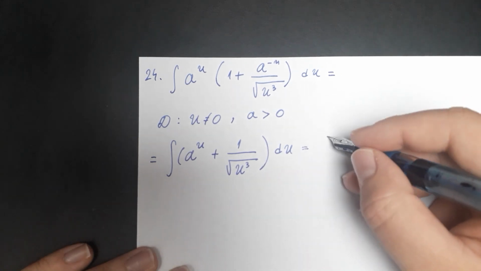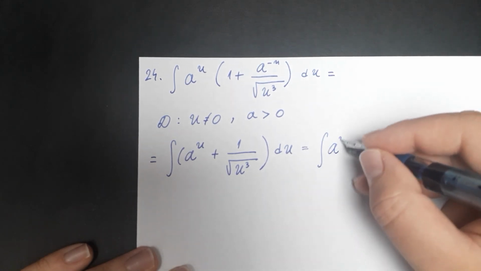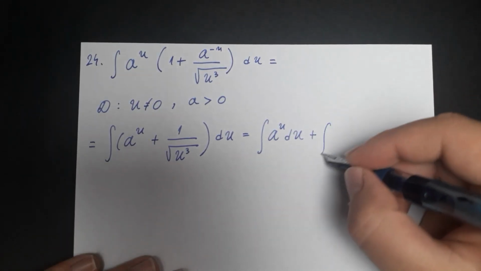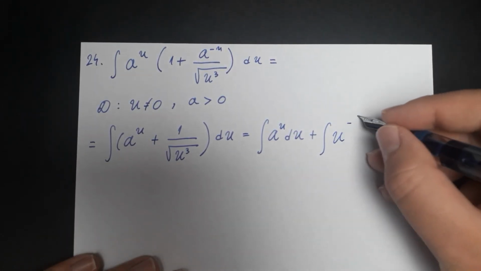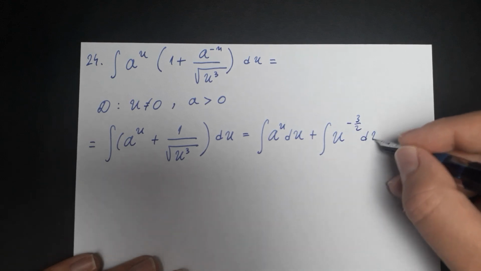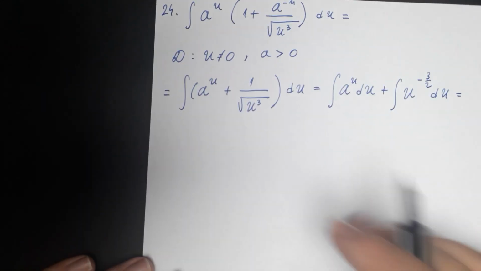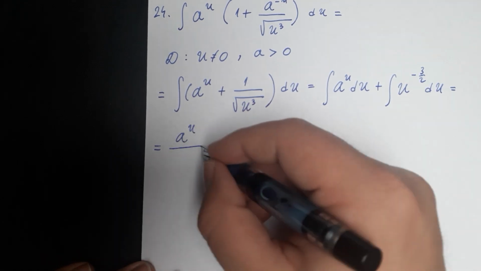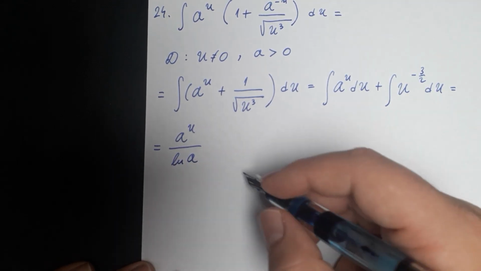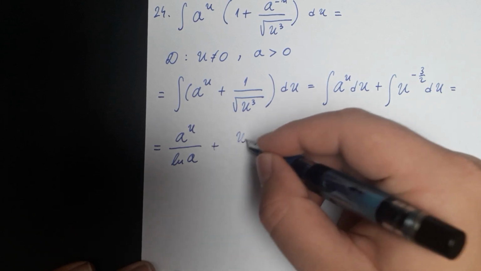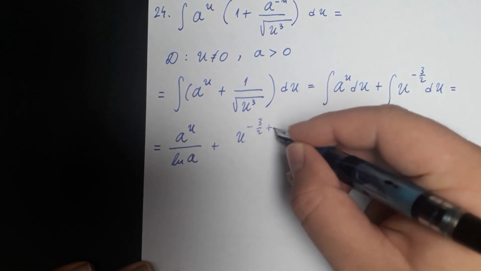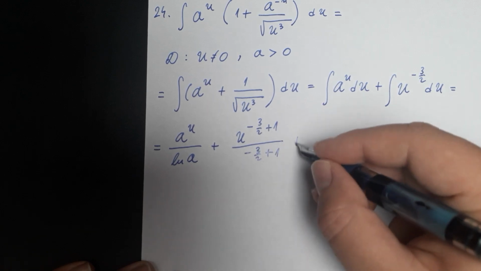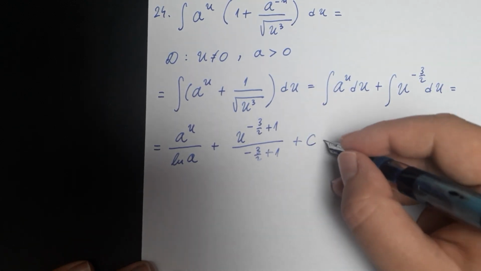This is equal to an integral of a to the power u du plus an integral of u to the power negative 3/2 du. This is then equal to a to the power u divided by ln of a plus u to the power negative 3/2 plus 1 divided by negative 3/2 plus 1 plus a constant c.